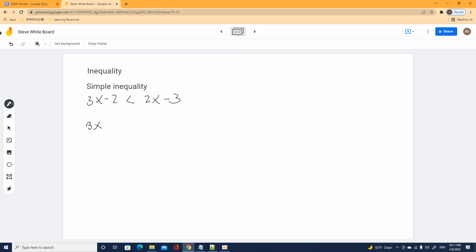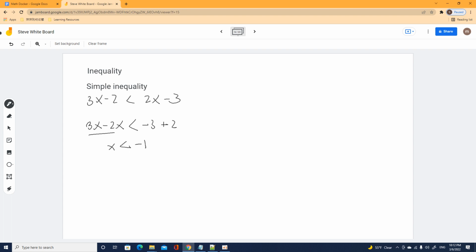When you move the 2x to the left side, it changes sign, becomes negative 2x. And similarly, you move the negative 2 to the right side, negative 2 becomes positive 2. So x is negative 1. So that is the result.